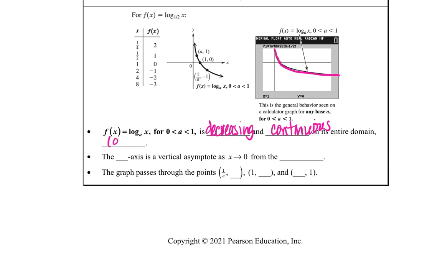The entire domain is obviously the same. The y-axis is still your vertical asymptote coming in from the right, and you still have those same exact points, whatever a is. So all of those points.